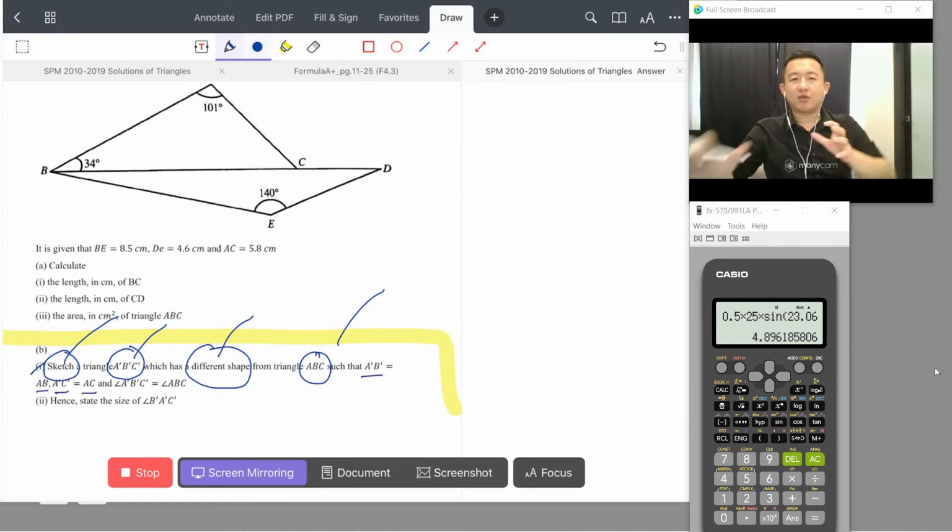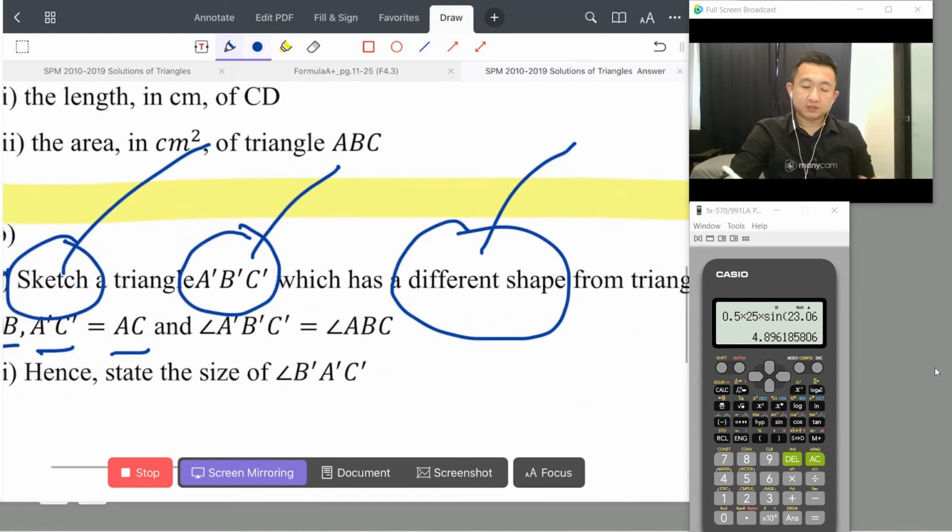I know sometimes it will be a bit confusing when you look at this one. Always focus on the angle. Only look at this one. Then you know how to sketch the new triangle with different shape. This angle remains the same.